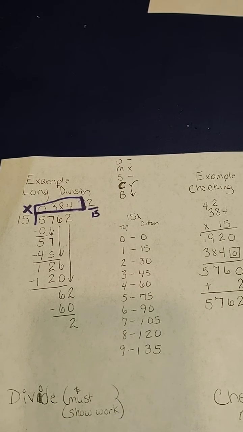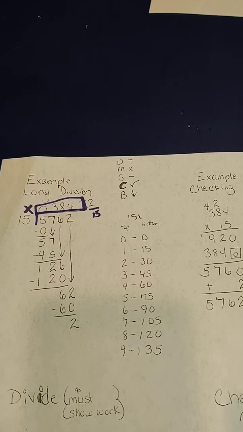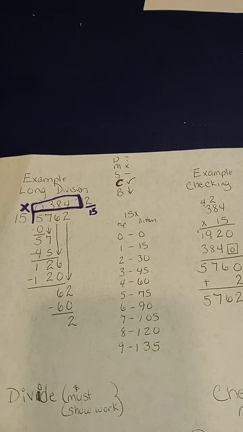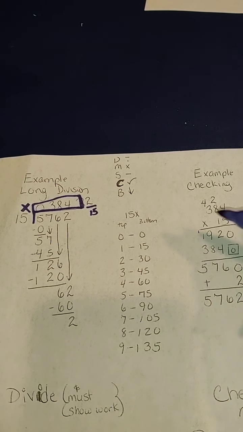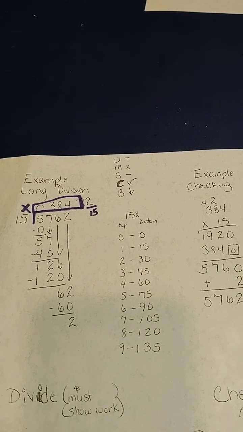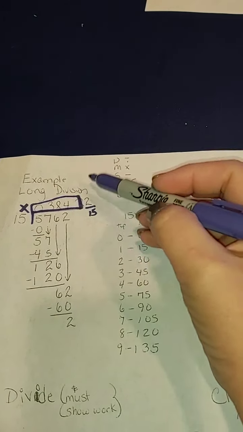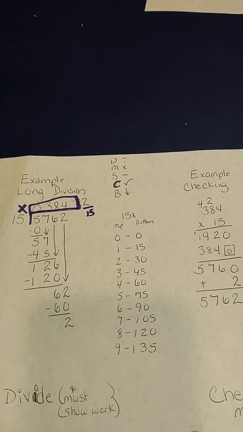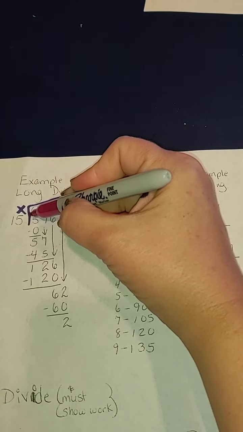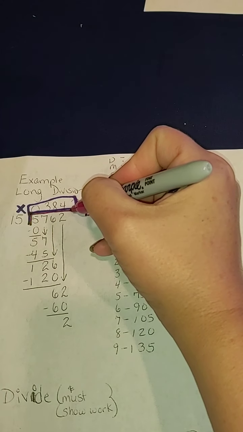All right, so looking at a division problem, this one's already done for us. We have $5,762 divided by 15. And I know I've marked on the paper because I've just circled my answer. But if you look at a division symbol, it is like an area model, all right?